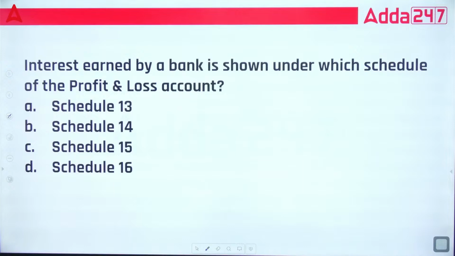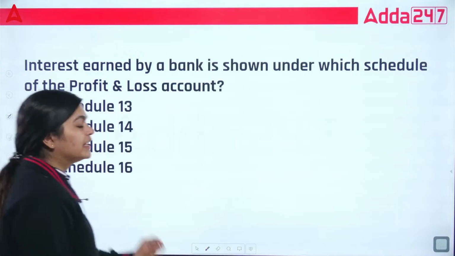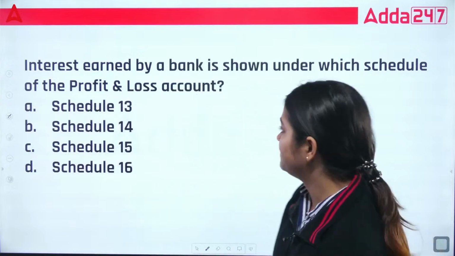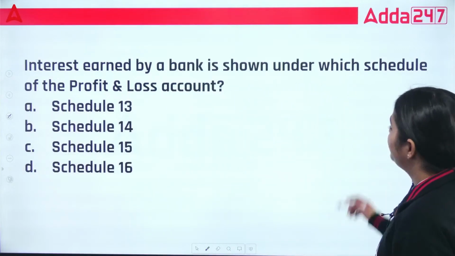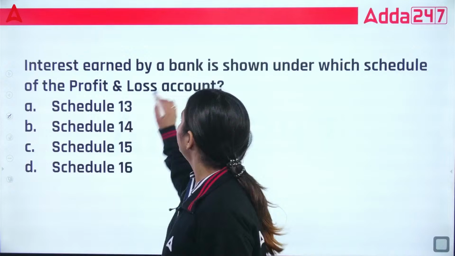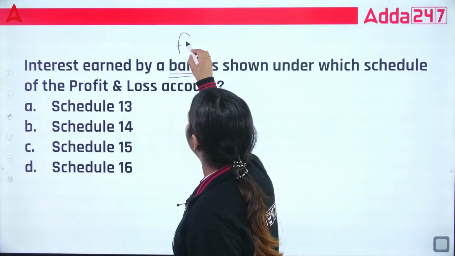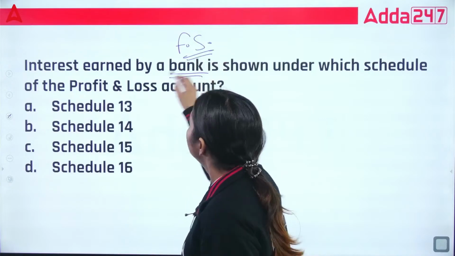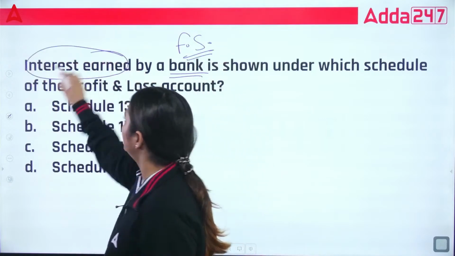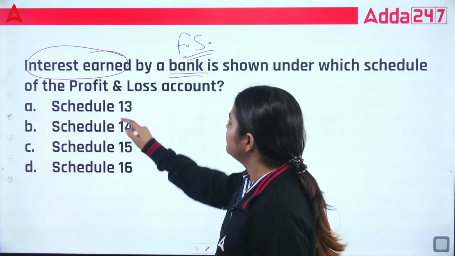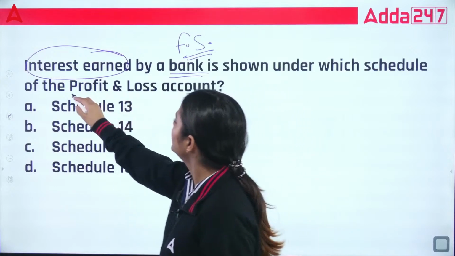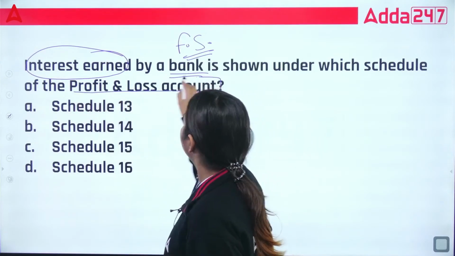Next. Interest earned by a bank is shown under which schedule of the profit and loss account? A 13, B 14, C 15, D 16. Chali, tell me. Whenever we prepare the financial statements of a bank, whatever interest we are earning, in which schedule are we going to show this under the profit and loss account?